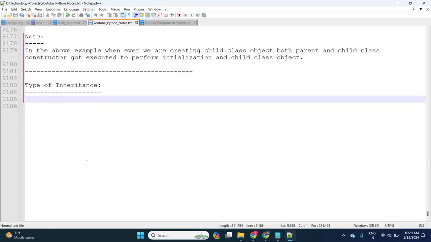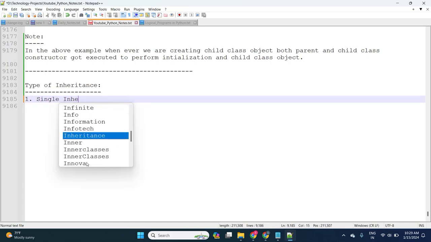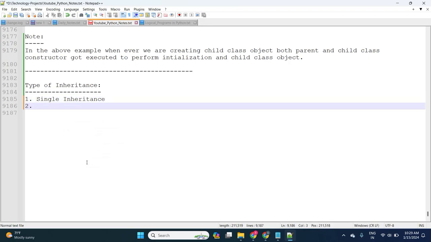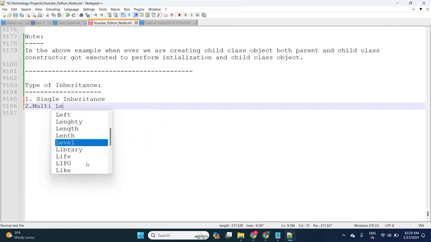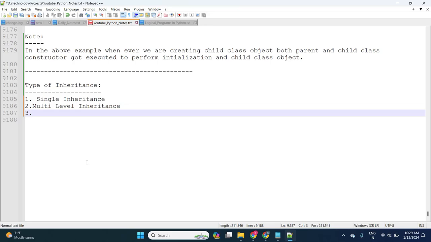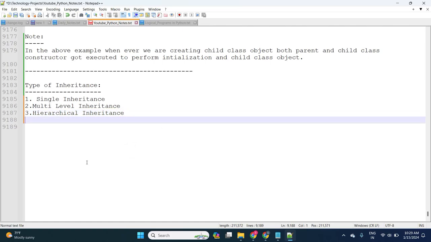The first one is single inheritance. Second is multi-level inheritance. Next, hierarchical inheritance.